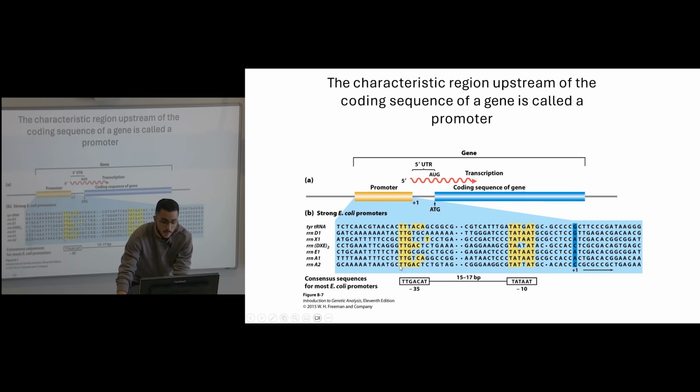Okay. Yeah, by the best, I don't mean to confuse you, but nucleotides change between organisms, and the consensus sequence is the most conserved among those. Okay, so pretty much this here.